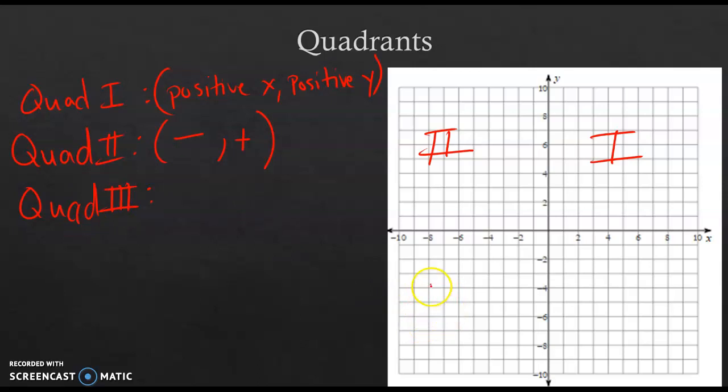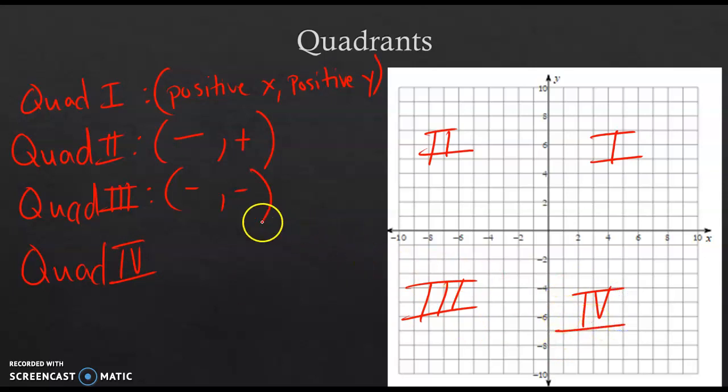In quad 3, we have both negative x and negative y. And then in quadrant 4, we have a positive x but a negative y.